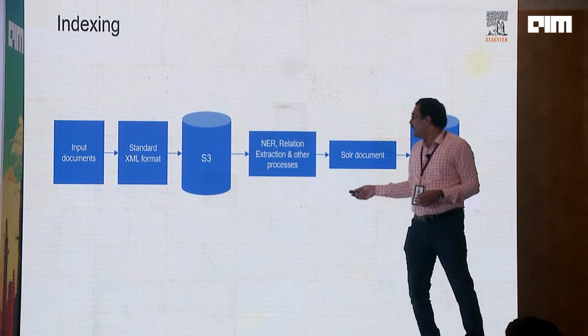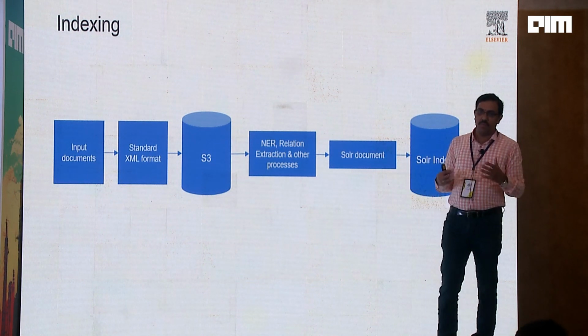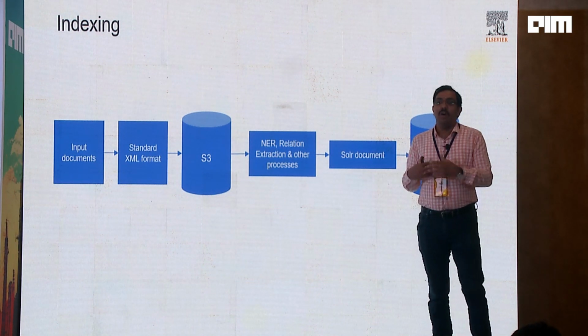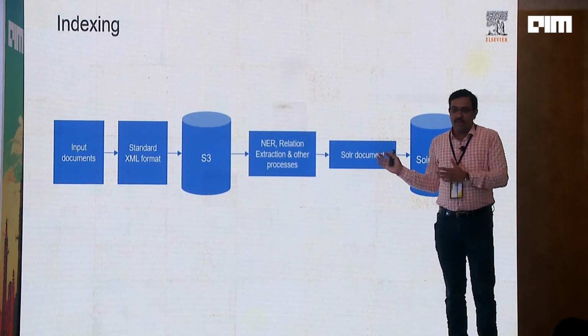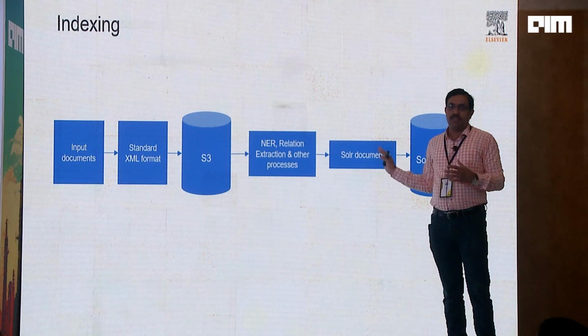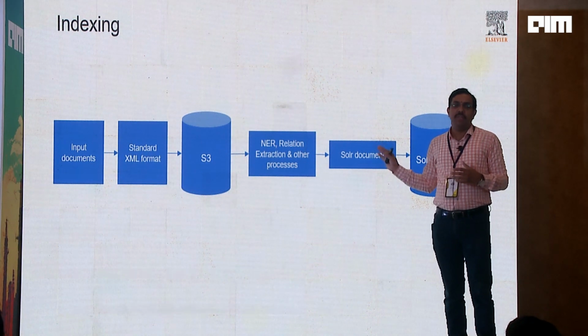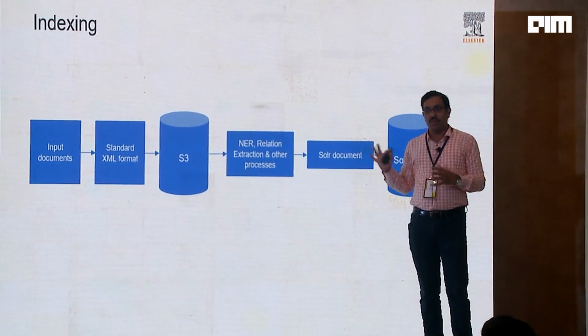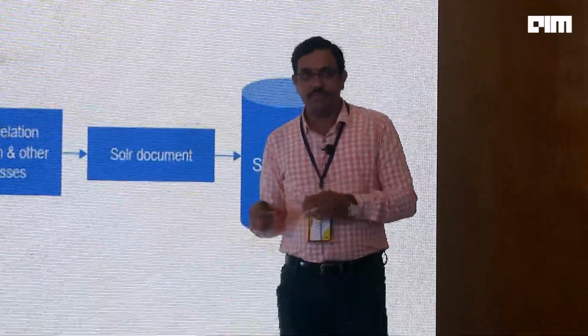There is a set of processes like named entity recognition, relation extraction, and a few other processes which would be run on a regular basis on the entire corpus that we have. Once these pipelines extract and identify relevant content, we take that content and create a Solr document, which would be used for building a Solr index.